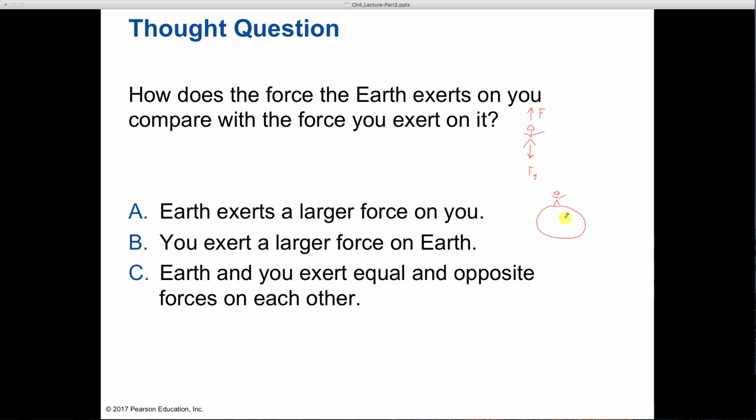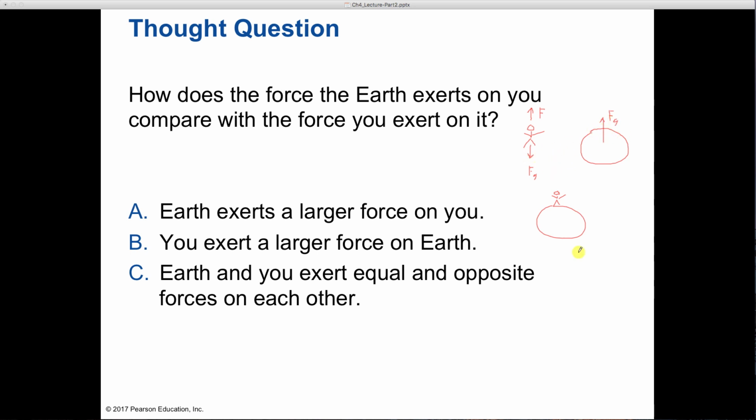Well, there's an equal but opposite force that you are pulling up on the Earth with. If we drew the Earth all by itself, there would be a force that you are pulling up on the Earth with, and that's equal but opposite to the force that the Earth is pulling down on you with. We can call that Fg, little g or big G, whatever you want to use. So these two forces are equal but opposite in magnitude.